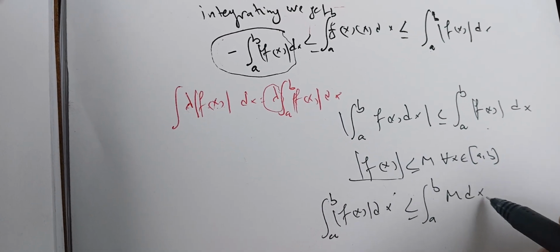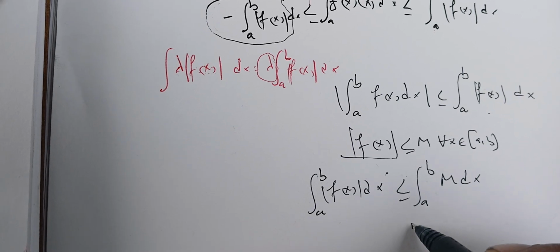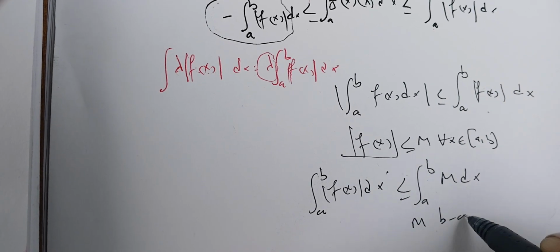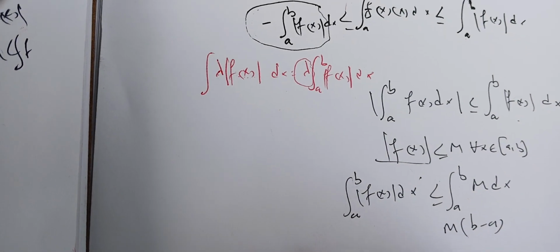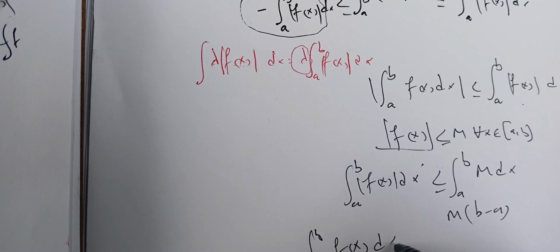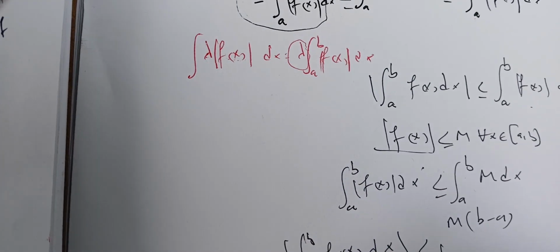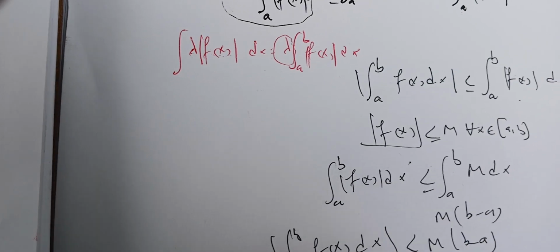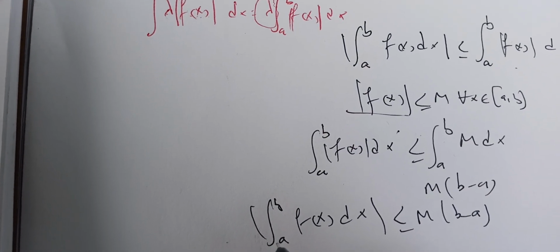Since M is a constant, we'll take it outside and we integrate. Therefore, the integral of f of x dx is going to be less than M times (b minus a).